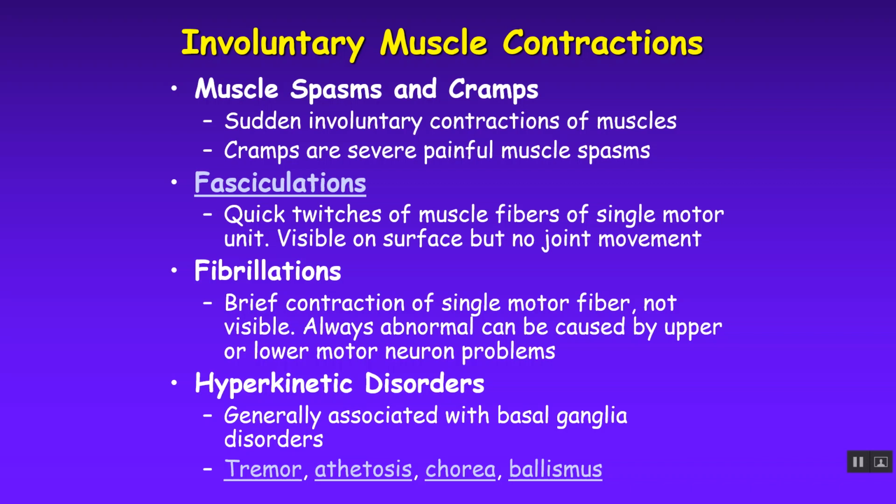So those are hyperkinetic, too much movement. Some of the terms we use to describe these are tremor, athetosis, chorea, and ballismus, which are characteristic hyperkinetic disorders. I think these links will hopefully get us to videos that show you these, because it's better to see them to show you what those look like.